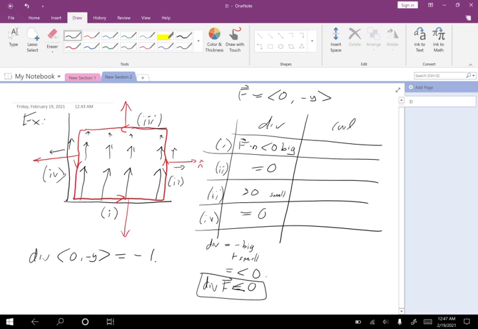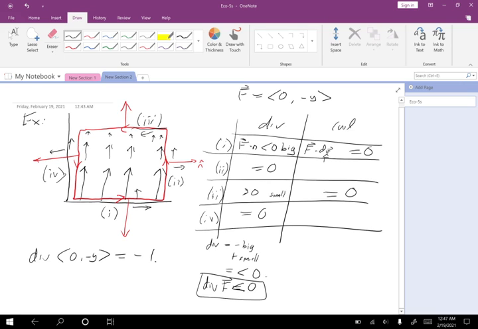So let's do the curl now. So if we do f dot dr, or f dot t, well, for curve 1, dr is pointing to the right, f is pointing up, so the dot product is 0. And we get something similar with curve 3. So really, we just have to look at curves 2 and 4.